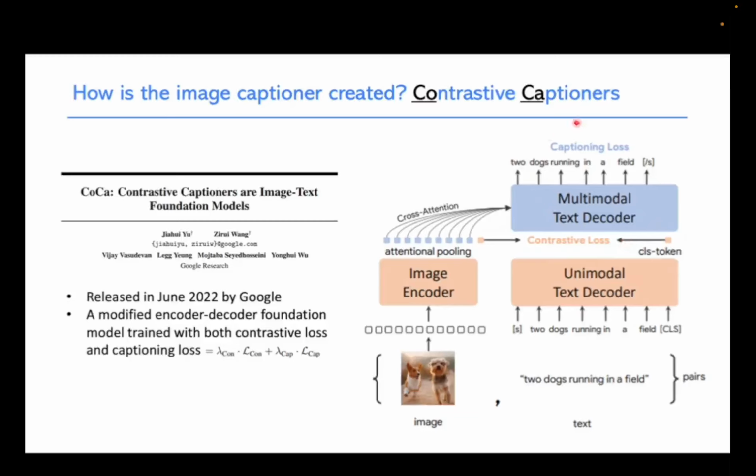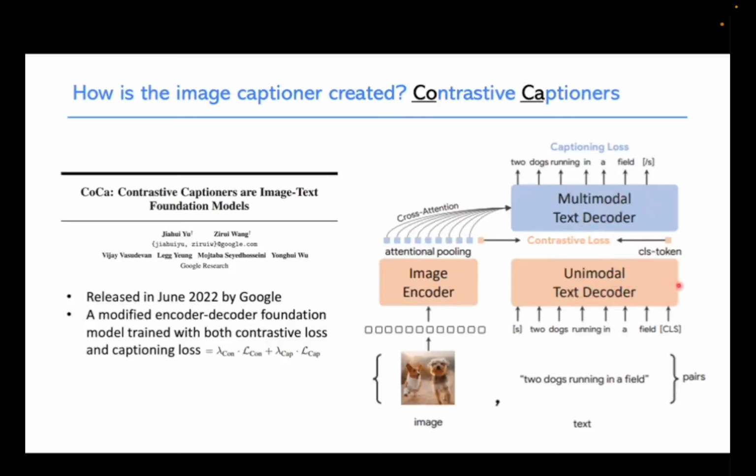And in the captioning objective, the multimodal text decoder will cross attend to all the image encodings and text encodings to generate the captions. So in the multimodal text decoder, we have the cross-attention head, while in the unimodal text decoder, we remove the cross-attention part.